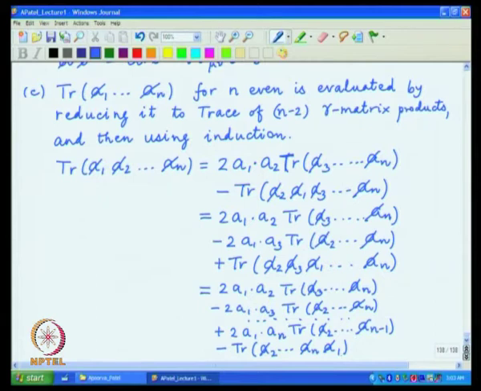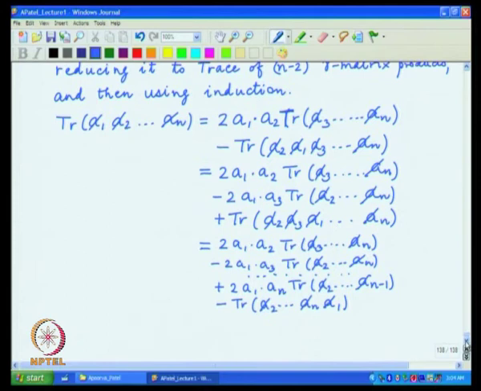This last object by cyclicity of trace is nothing but trace of A1 slash A2 slash all the way up to A n slash, which is what was there on the left hand side to begin with.